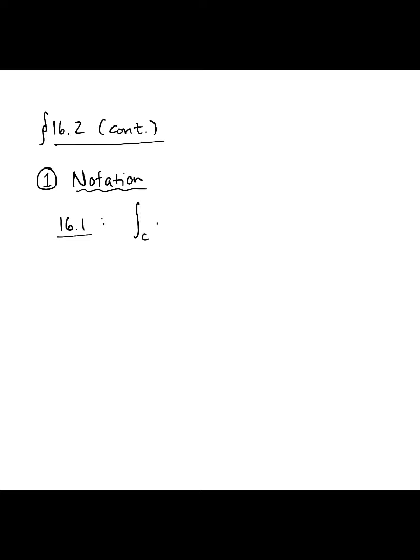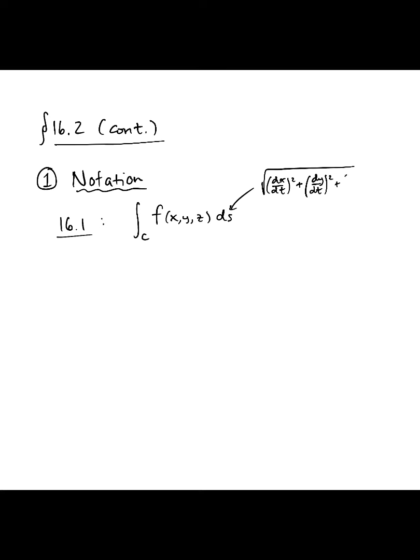Line integral of some function, say of 3 variables, with respect to arc length. And you guys recognized that little arc length bit, the ds, as a little bit of length along the curve comes from the Pythagorean theorem.